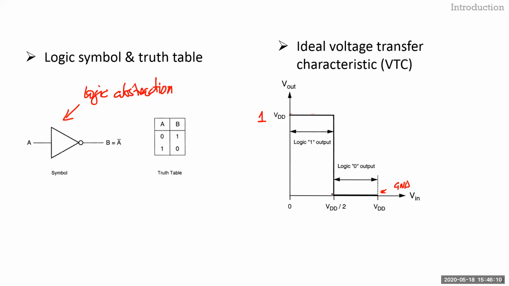But in reality, that's not the case. There will be some transition period, and we'll talk more in detail how to define that transition period. Obviously you can define this as 0 and the ground as VDD, but in order to be able to communicate with different people, you want a standard, and this is obviously a more intuitive standard.